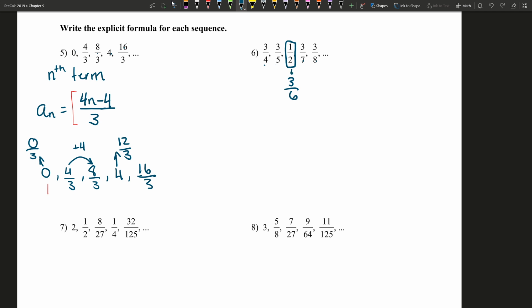And that should follow the pattern. Okay, so then for our nth term, 3 in the numerator is going to be a constant. And then we need a rule for the denominator. And you should notice that we start at 4, and then we're just adding 1 over and over again.